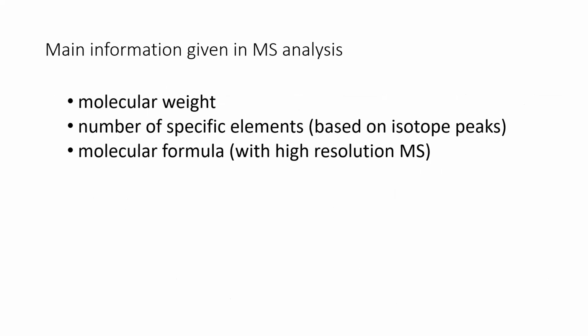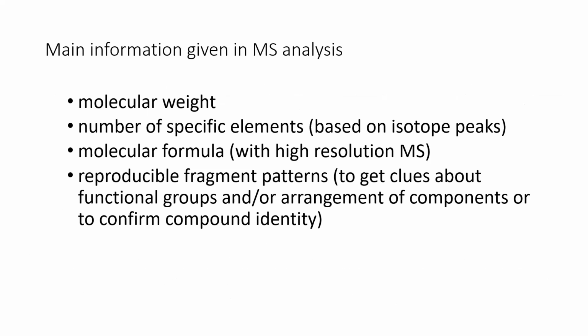It gives us the molecular formula with high resolution, and the fragment patterns are reproducible. So different functional groups have their fingerprint fragmentation pattern. The way an alcohol will fragment will be different from the way a carboxylic acid compound will fragment.